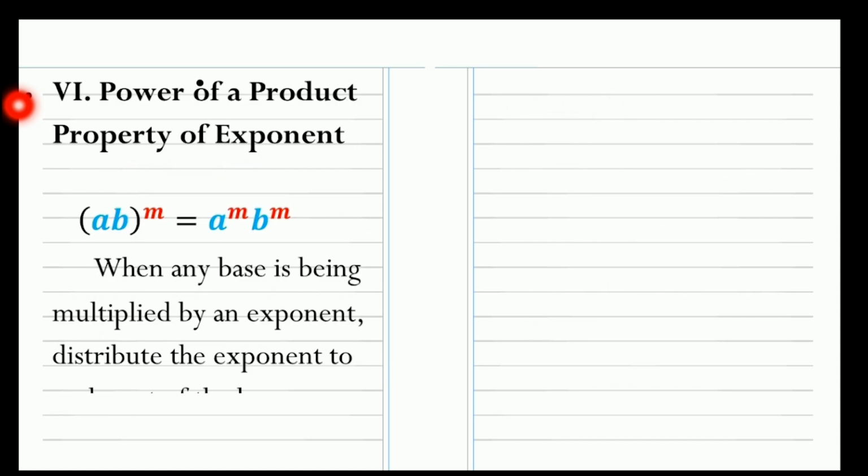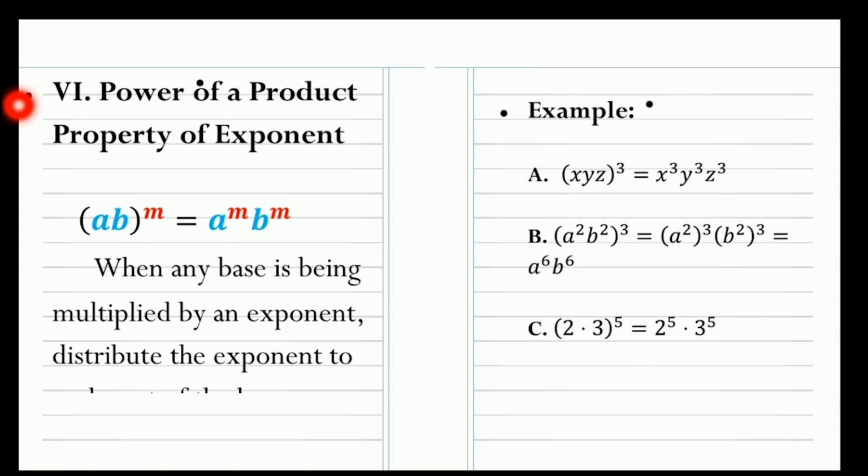Sixth, the power of a product property of exponent. The quantity ab raised to m is equal to a raised to m, b raised to m. When any base is being multiplied by an exponent, distribute the exponent to each part of the base. For example, the quantity xyz raised to 3 is equal to x raised to 3, y raised to 3, and z raised to 3.